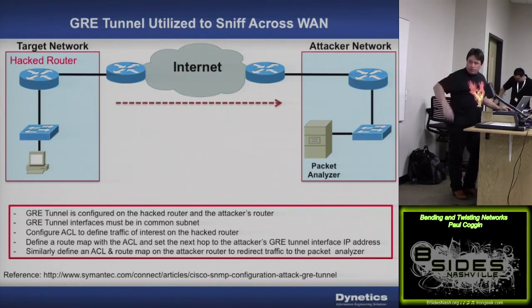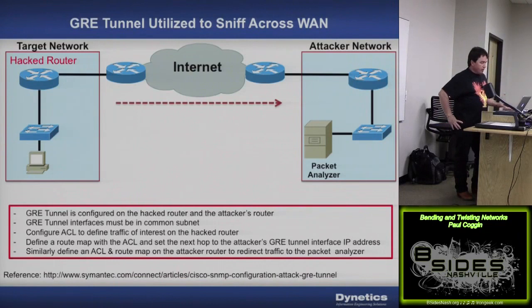And it's published here at this reference. There's a really good paper on this method for combining a route map that I just described to you with a GRE tunnel. So if you pop the router, you get access to a target's router, you can use the route map, build the GRE tunnel, and redirect traffic over that tunnel so that you can sniff the traffic. And this is pretty well documented.